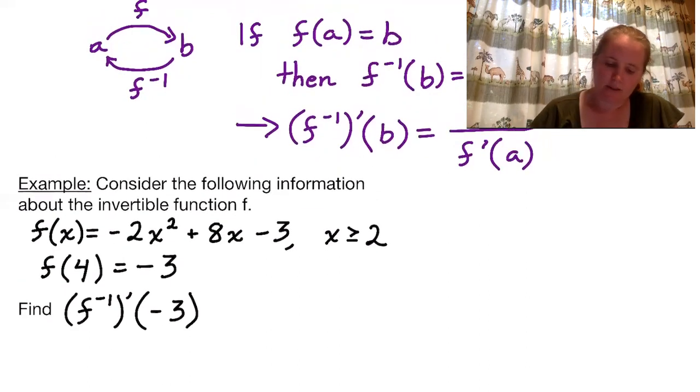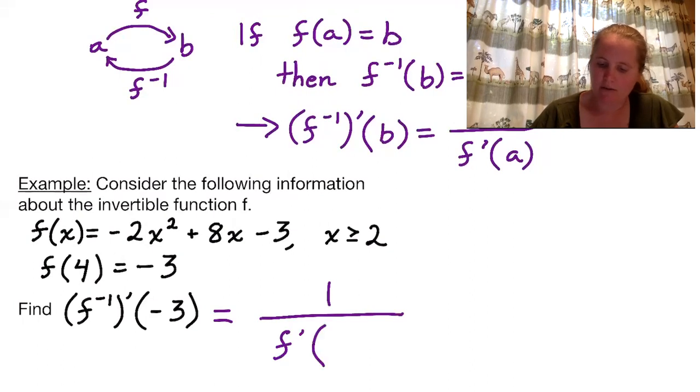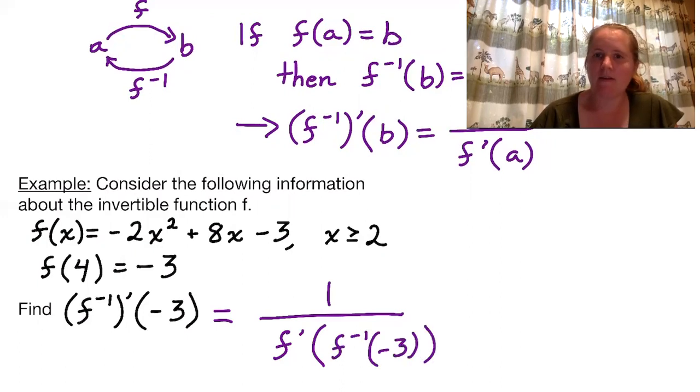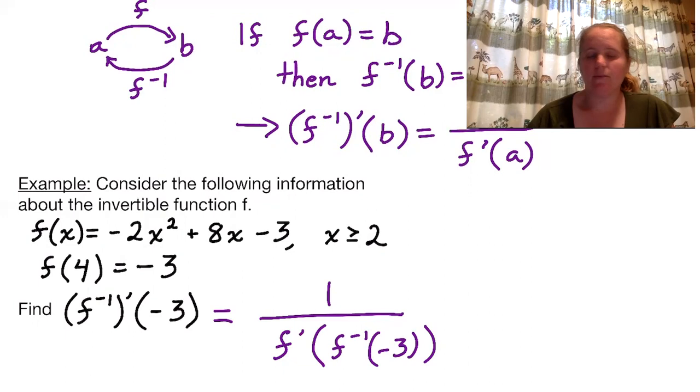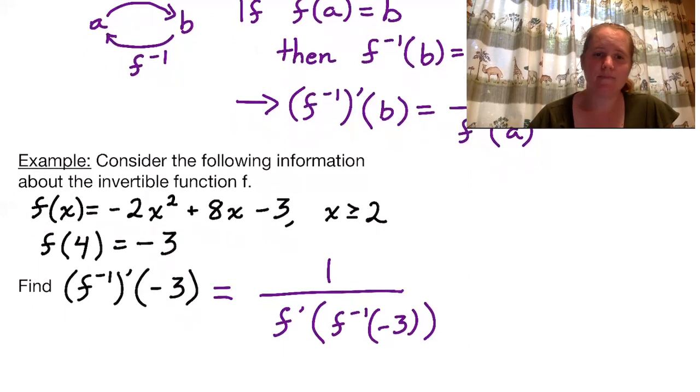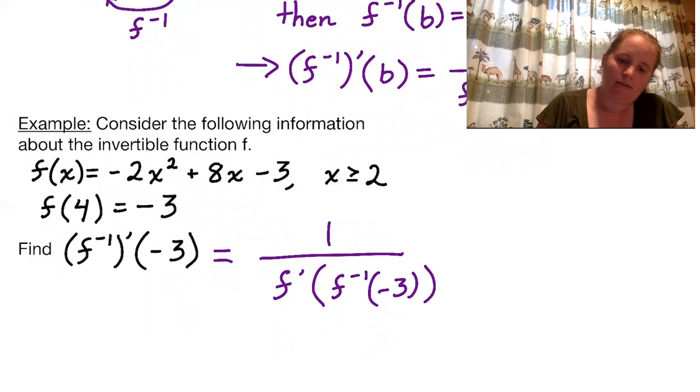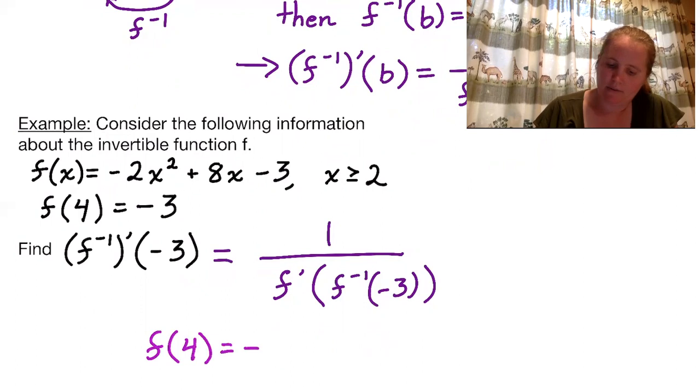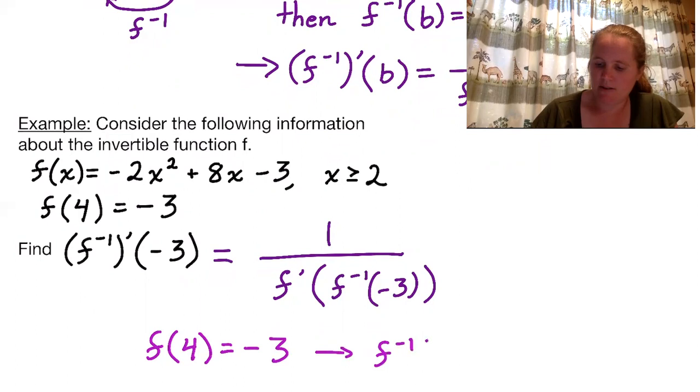So this is precisely the same thing as 1 over the derivative of f evaluated at f inverse of negative 3, just by definition, or by that rule we have. And then if f of 4 is negative 3, that means that f inverse of negative 3 is 4.